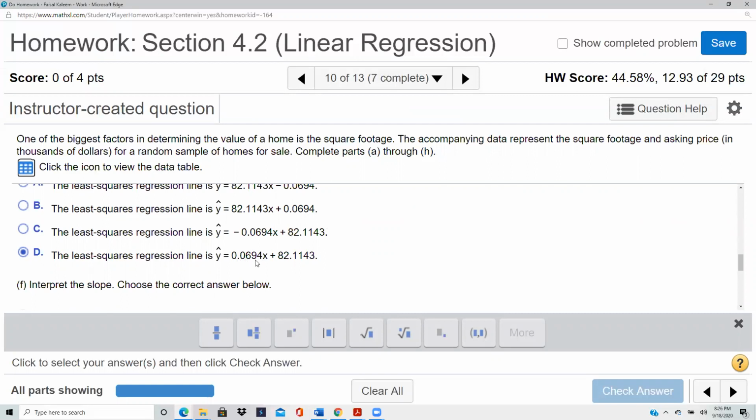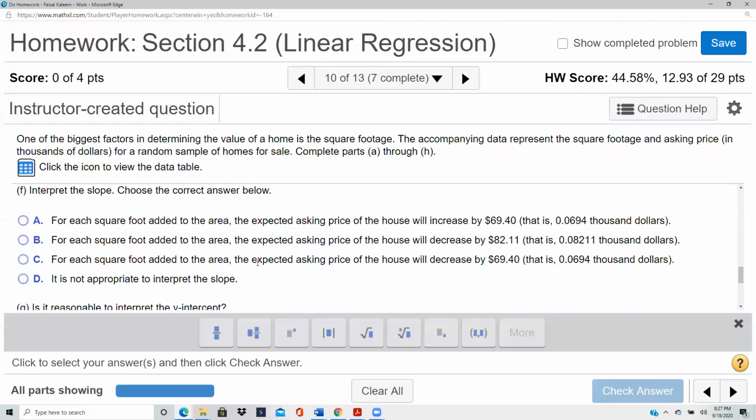If you move the decimal place 3 places to the right, it's 69.4. So if you increase the square footage by 1, the price increases by $69.4. So for each square foot added, the asking price will increase by $69.4.